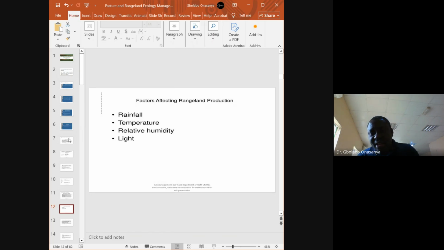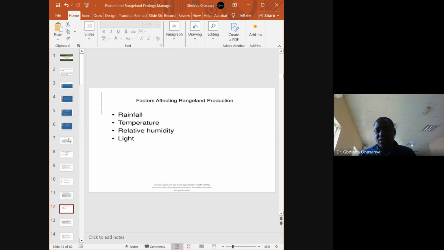The extent of rainfall, the volume of rainfall. So both biotic factors and abiotic factors will affect rangeland production. So I may ask you to discuss factors affecting rangeland production.